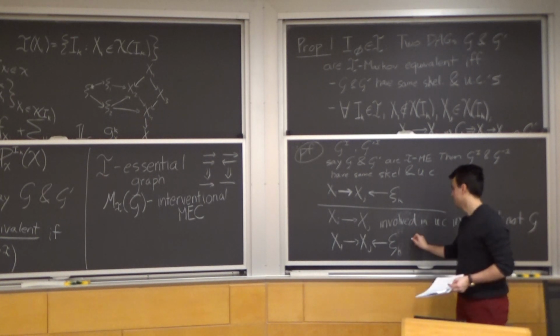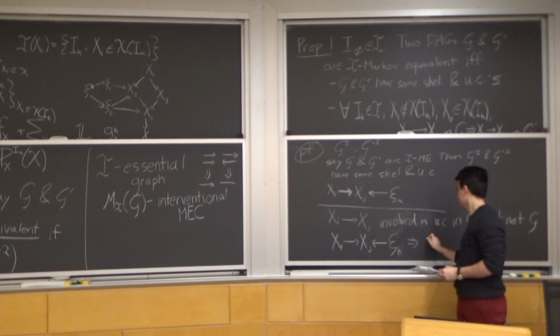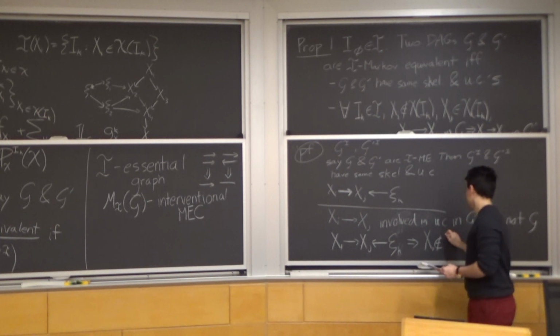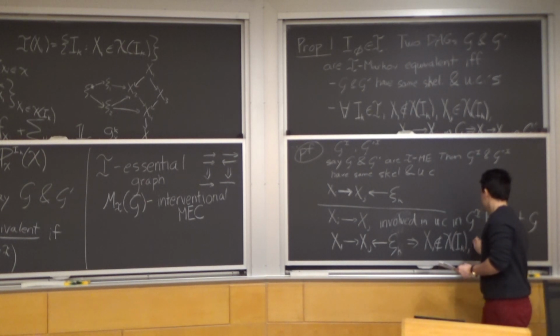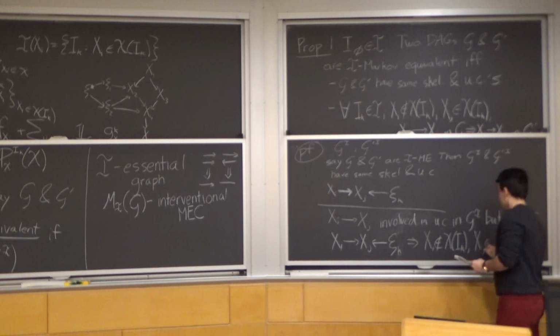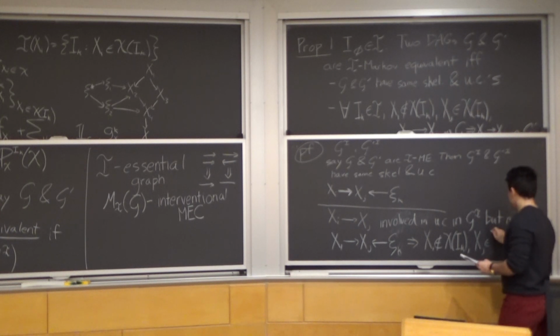Therefore, we must have that Xi is not in the intervention targets, and Xj is in the intervention targets.